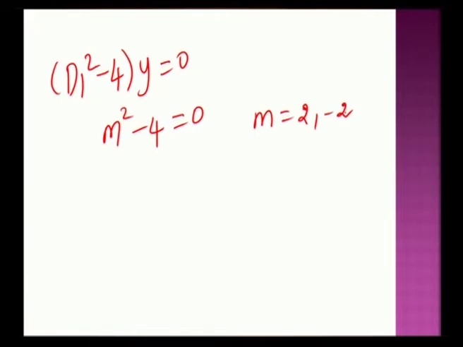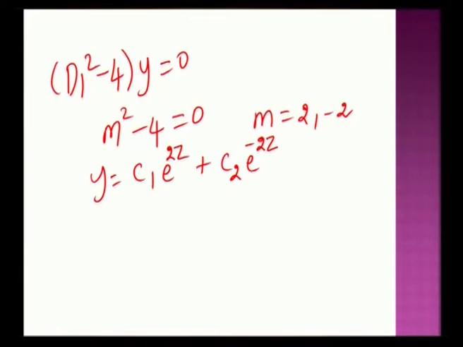So, the required solution of the transformed equation, in the sense the equation which is transformed to the form of linear differential equation with constant coefficient, will be like this: y is equal to c1 e power 2z plus c2 e power minus 2z.